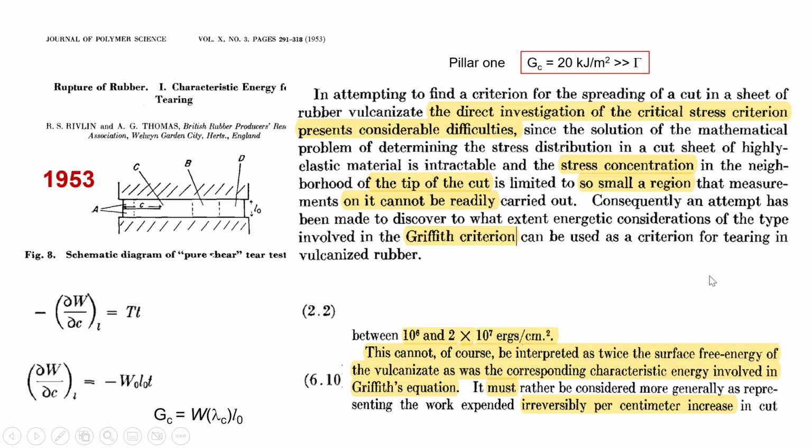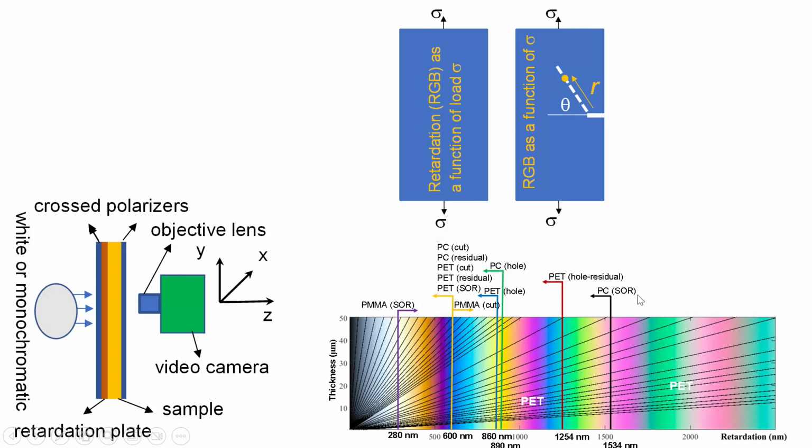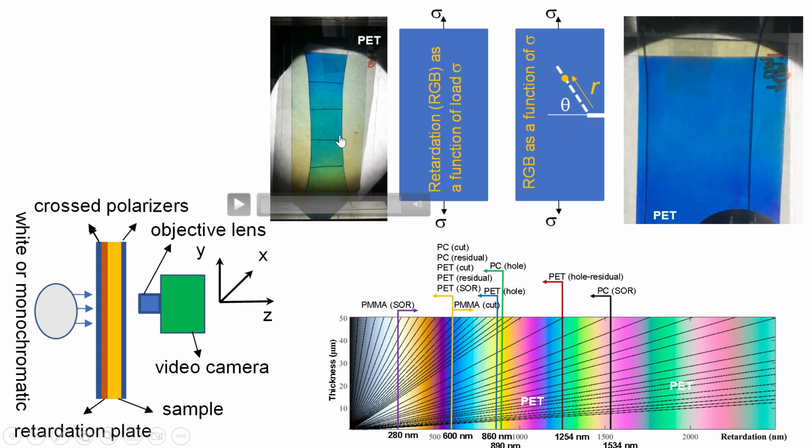So let me just take you to my experiments, with my students. So we are going to take the challenge of Rivlin-Thomas and look at the tip. We're going to look at what happens at the tip through birefringence, which is well established.